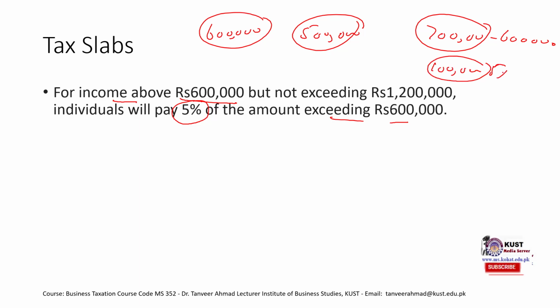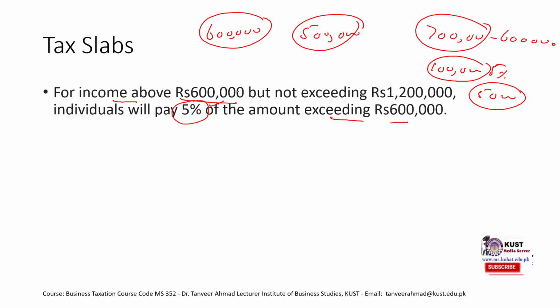So we would have to calculate 5% on this 1 lakh rupees, which is 5,000 rupees, and this would have to be paid in a year. So any person earning between 6 lakh rupees and 12 lakh rupees, this tax rate would be applicable.